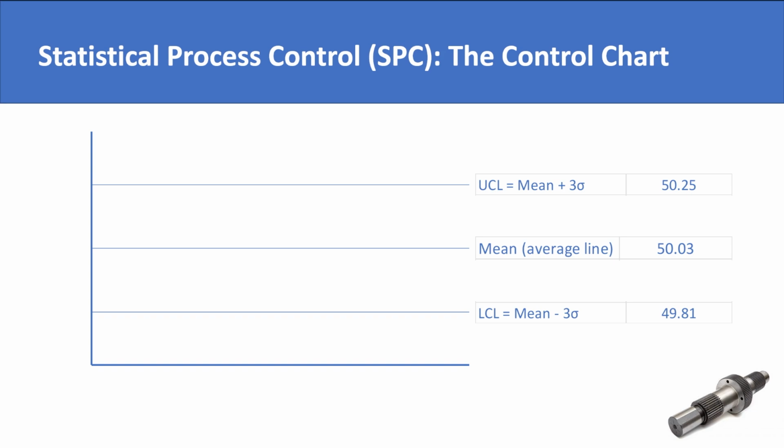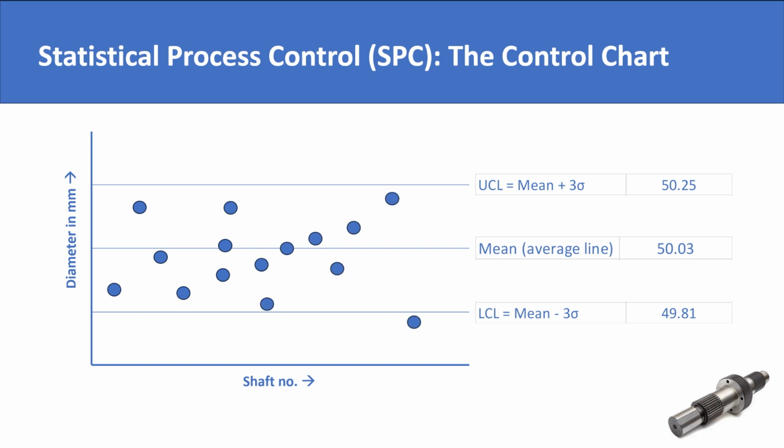It allows us to compare the diameter of every future shaft produced by the shop with the control limits that we have developed. Any point falling outside of the control limit will actually be telling us that it is different from 97.3% of the shaft diameters that we recorded during the study of 20,000 shafts.